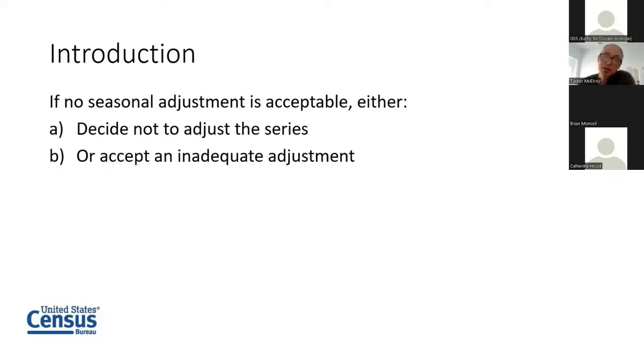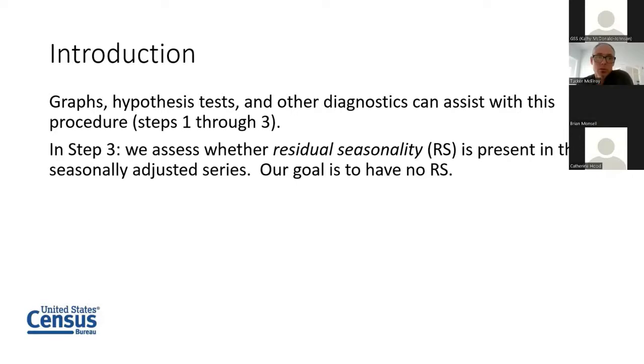Then you could decide not to adjust the series or accept an inadequate adjustment. So some of the important tools for determining adequacy, and actually all the steps of this process, would be graphs, hypothesis tests, and also other statistical diagnostics.